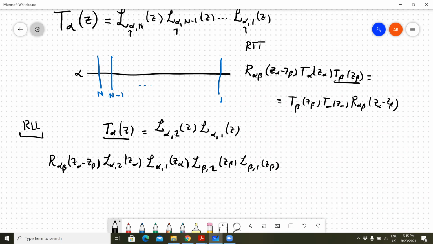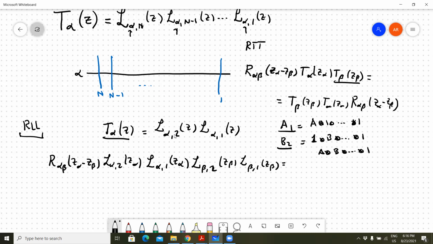I didn't say this at the beginning, but if you have 2 objects that act on completely different sides, they always commute. If you had, for example, A1, you had A cross many identities, and if you have B2, you have one identity and then B. When you multiply these, you have A cross B with 1s everywhere else.